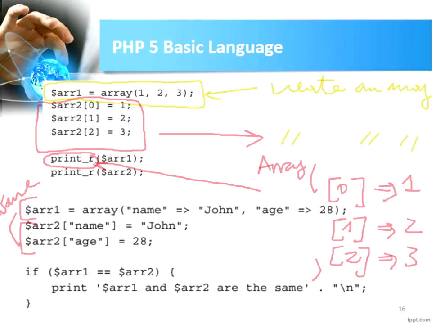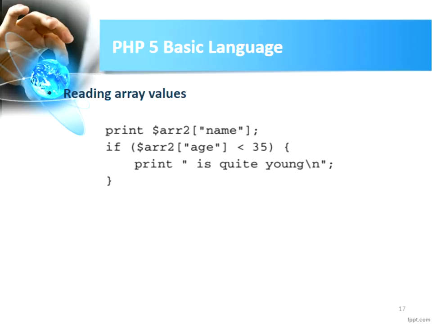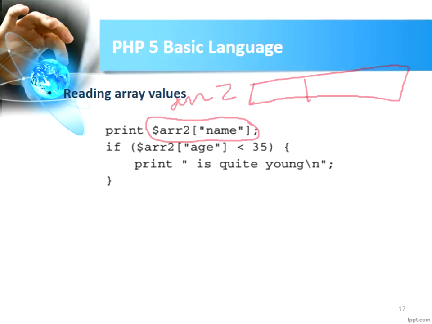Okay, so this creation of an array and this one are the same. We can also compare two arrays, so I can write if array 1 equal array 2. For reading array values, I can write print array 2 name.